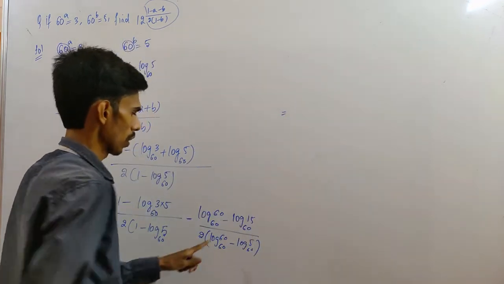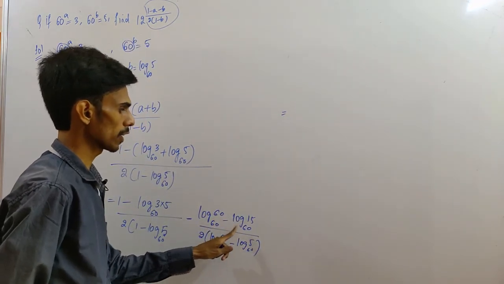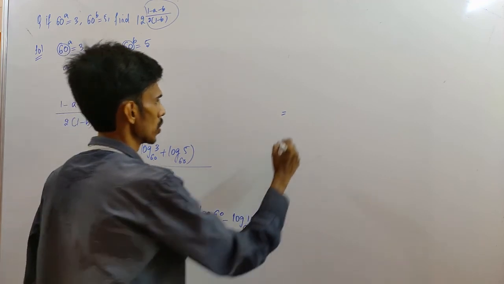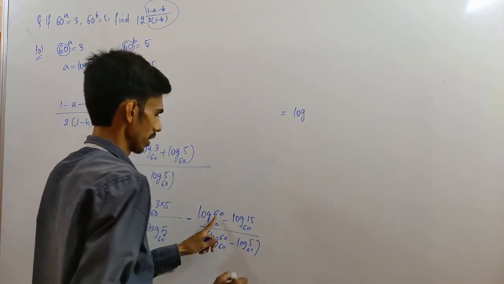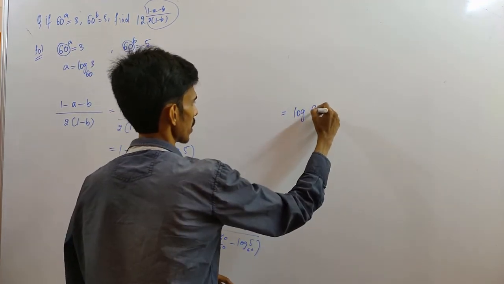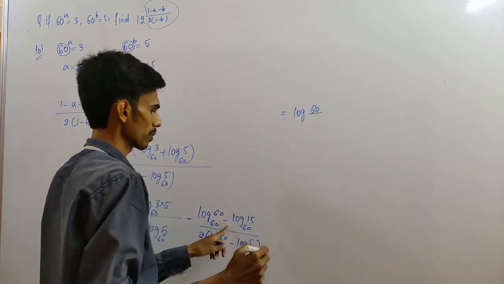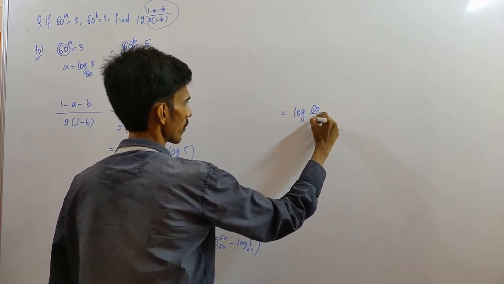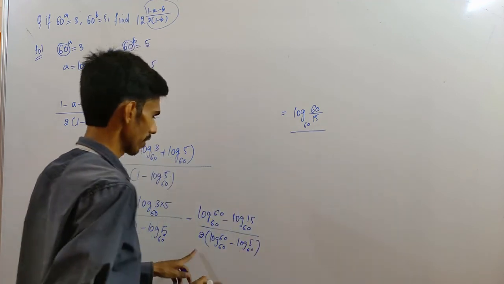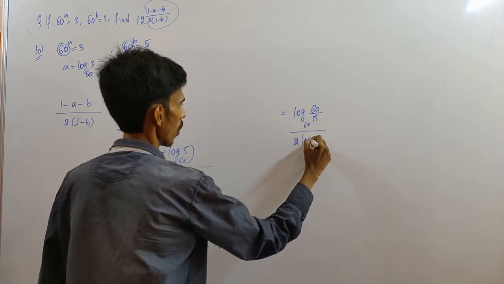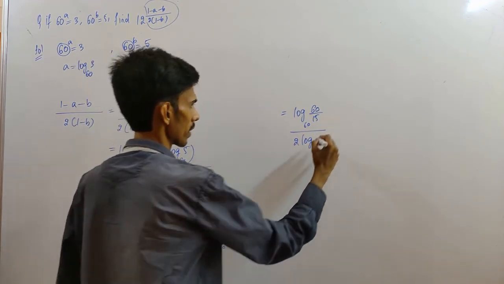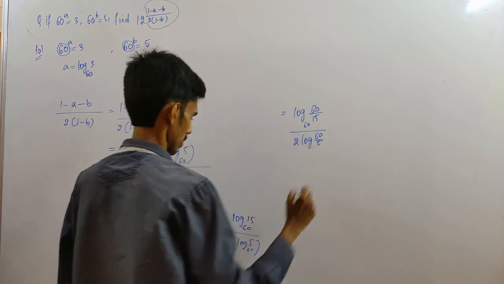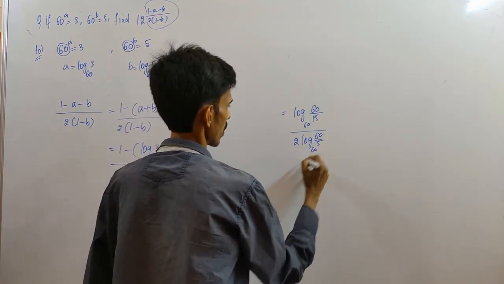Now log a minus log b is log a by b, so it will become log_60 of 60 by 15, and the difference becomes division, divided by 2 log_60 of 60 by 5.